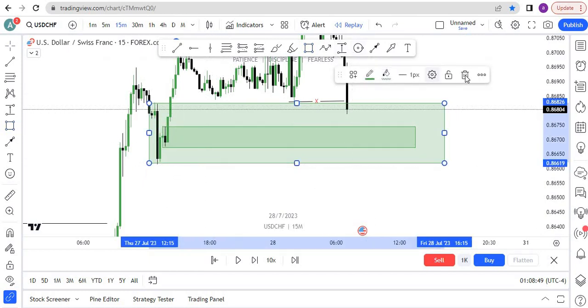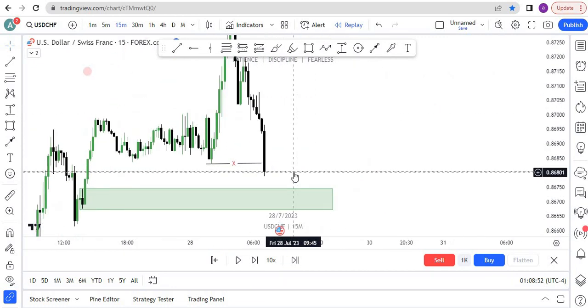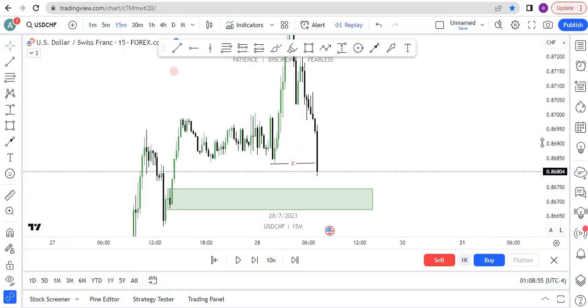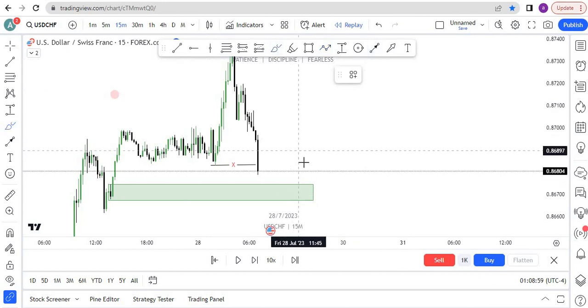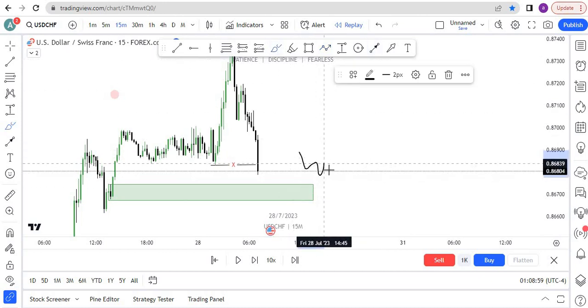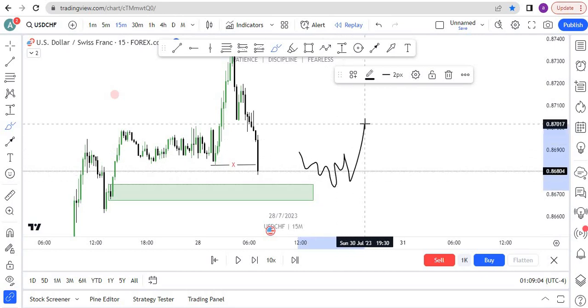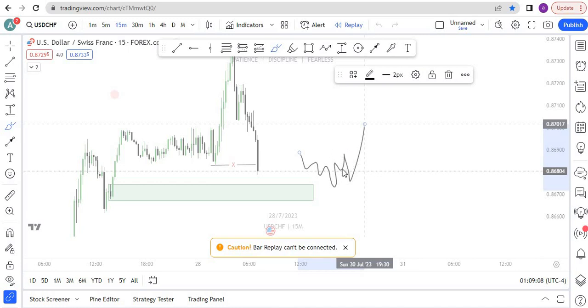Price came here, then we go to the 1 minute time frame and find the structure, like price making a lower low, lower highs, then going upside, taking an inducement and tapping like this, and you will make the entry.